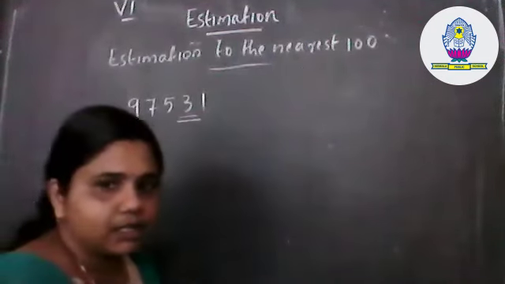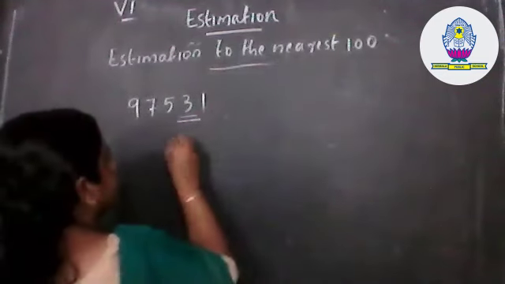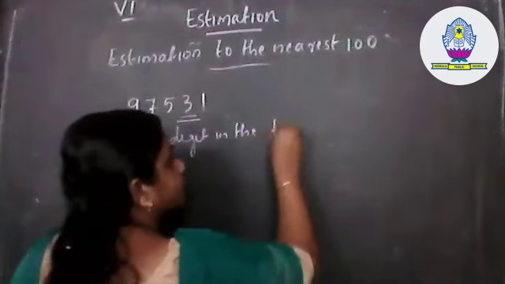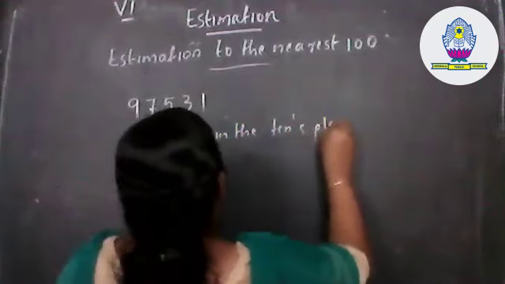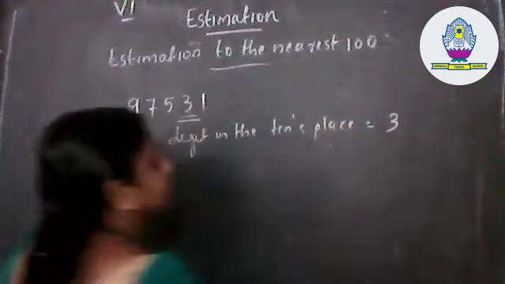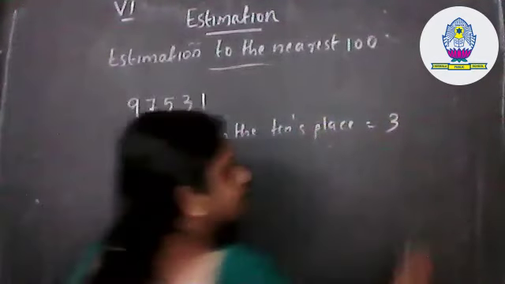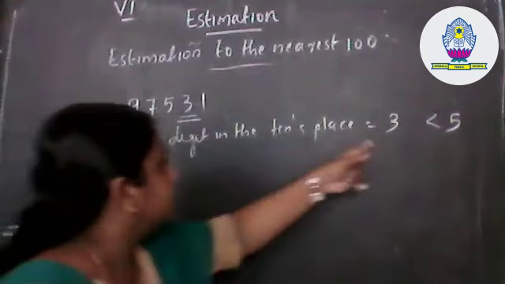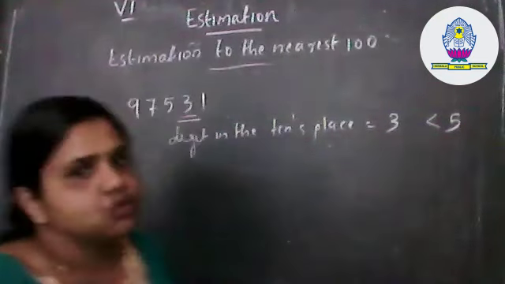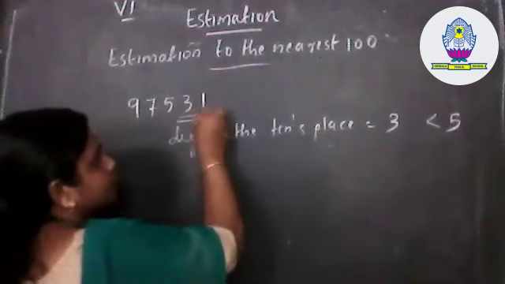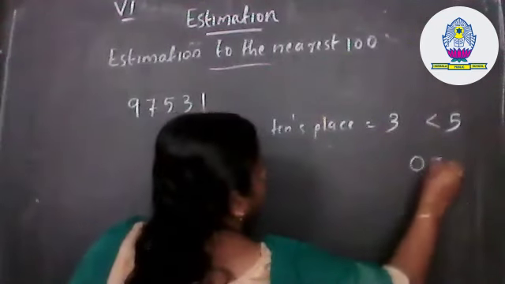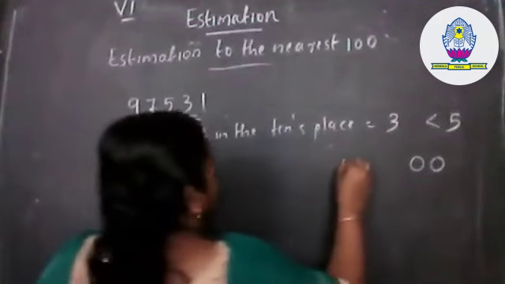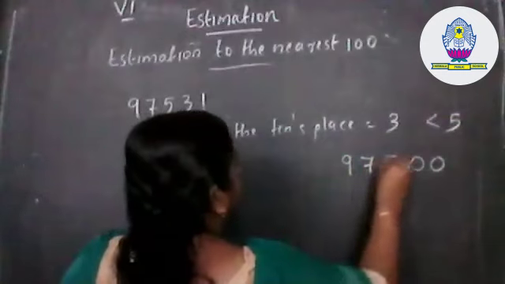The digit in the tens place is equal to 3, which is less than 5. So replace the last two digits by 0. And the next digits are the same. That is 9, 7, 5 is the same.